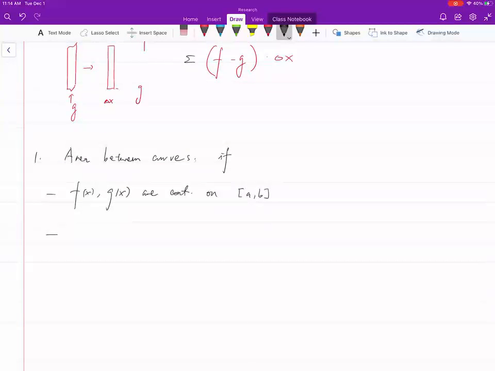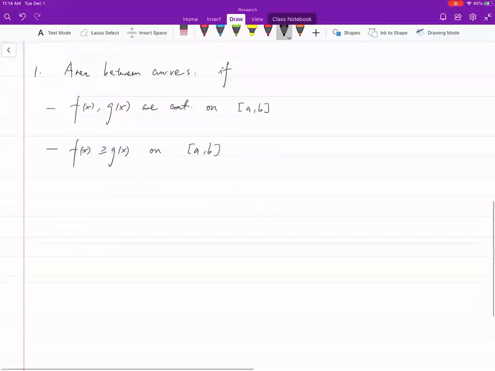So you can take the integral, right? If it's continuous, you can take the integral. Second, f(x) is bigger than or equal to g(x) on [a, b], which means we do have one above, one below. Something like that.